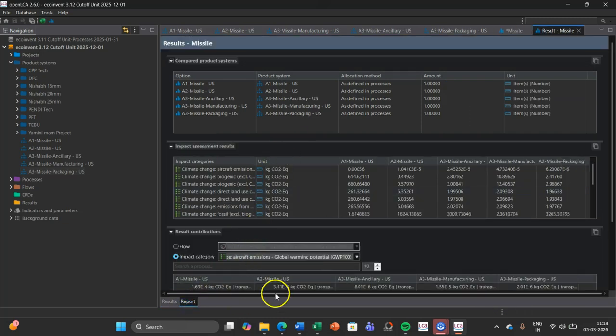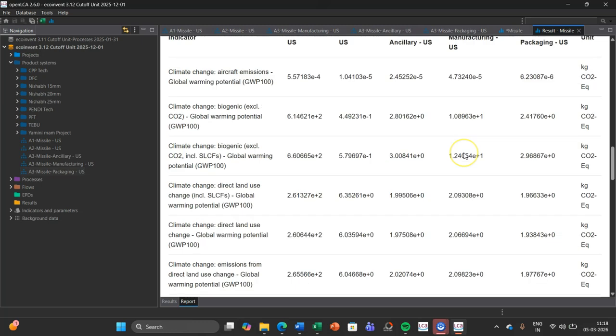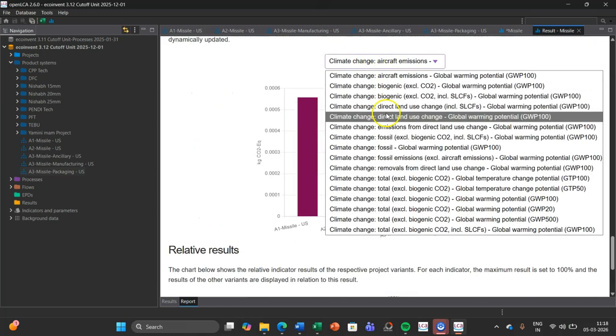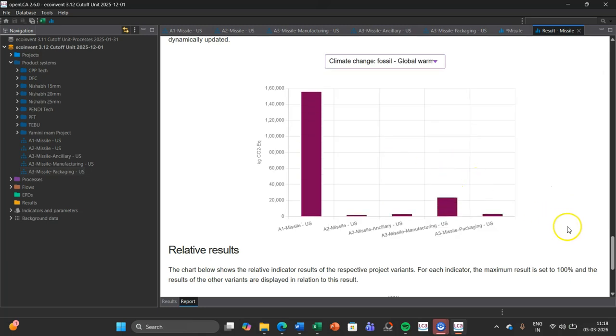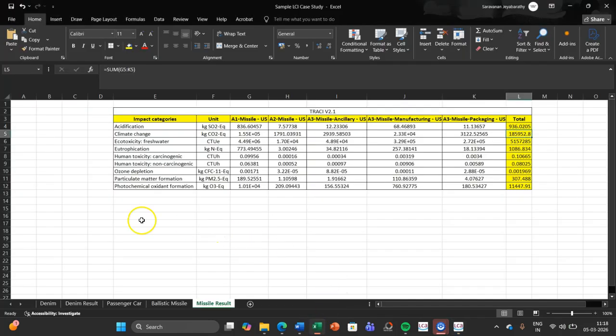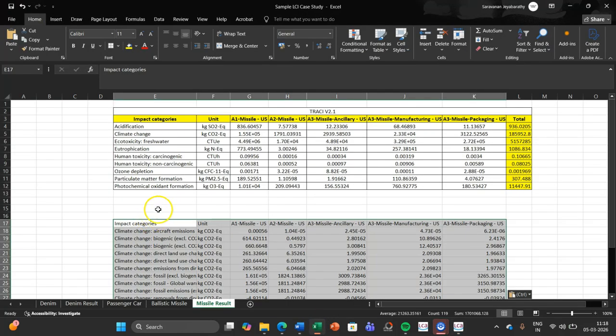Okay, we can see from the report, climate change, fossil, huge, almost same. So what's the difference between Tracy and IPCC method for those who don't know about it?